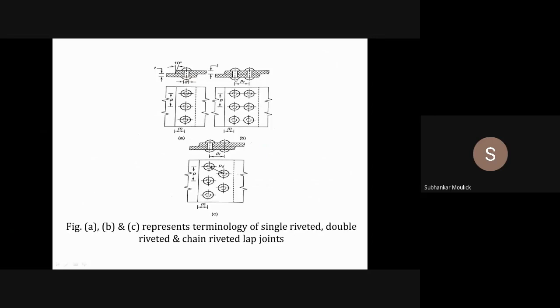It is very much clear that two rivets are used to join the two plates. And this is a double riveted zigzag joint, and this joint is also known as chain riveting joints.